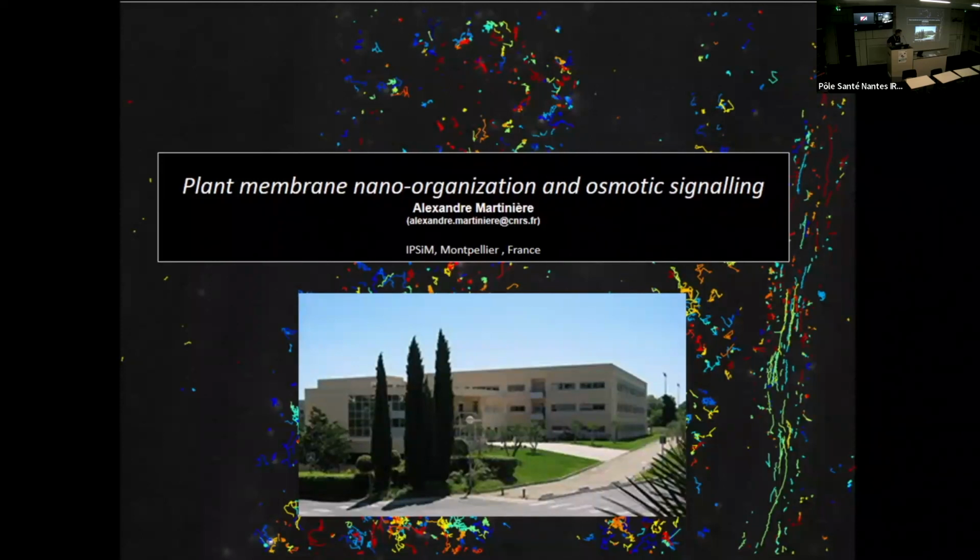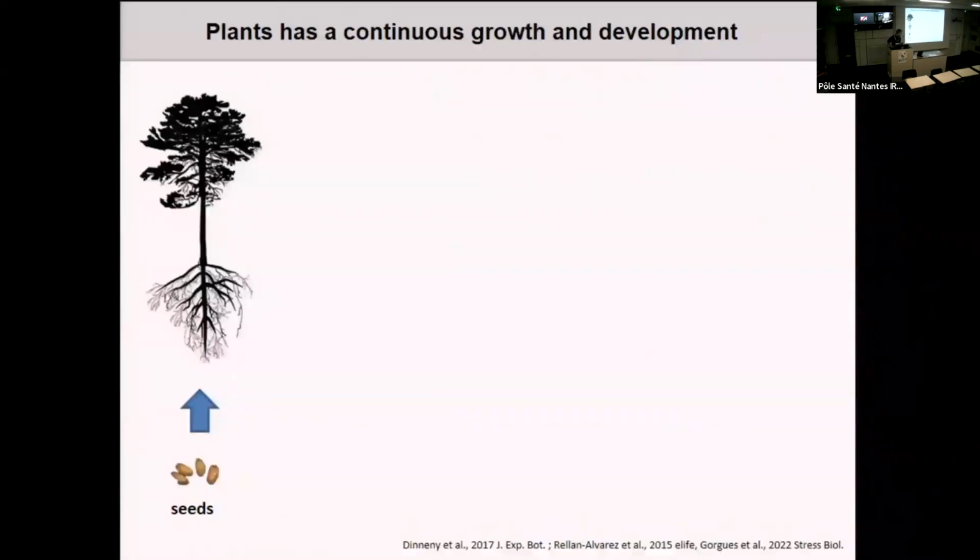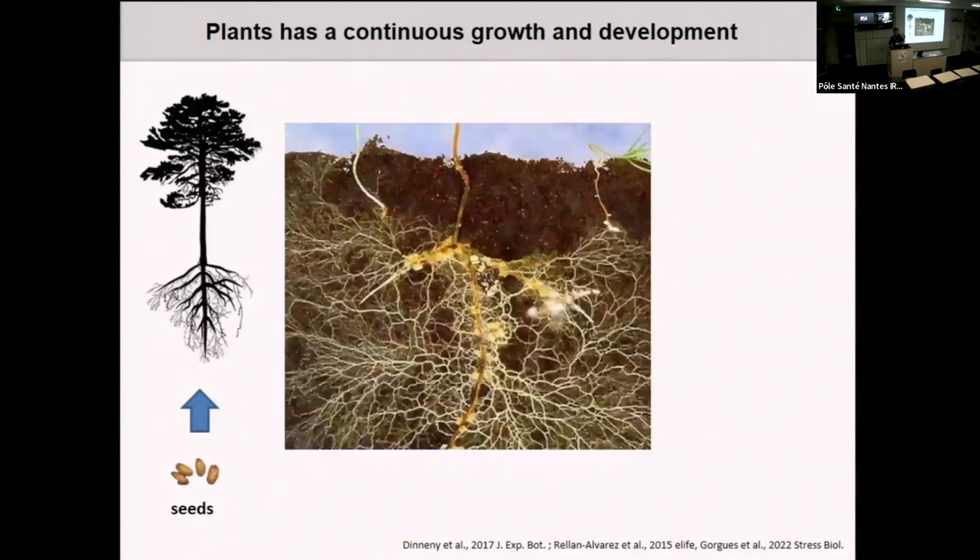So I'm from Montpellier, and you probably noticed that plants are quite fascinating in general. But one thing that I find really interesting is that they have a continuous growth and development, which is obvious from here. And I think this ability is really interesting when it comes to extracting nutrients and water from a complex resource like the soil.